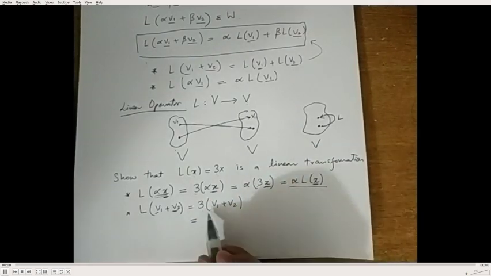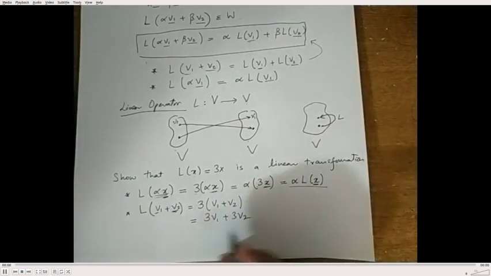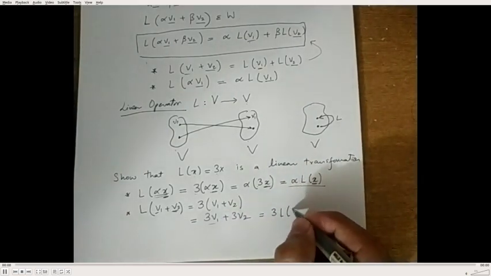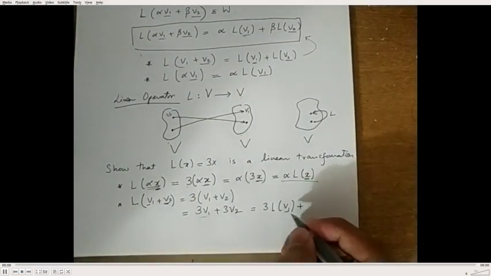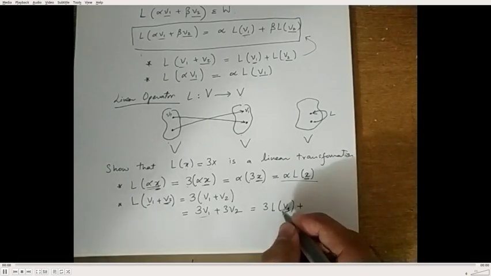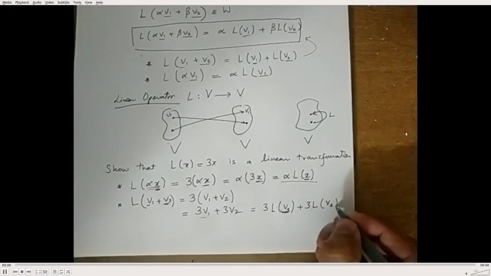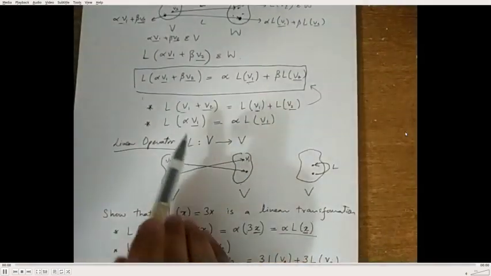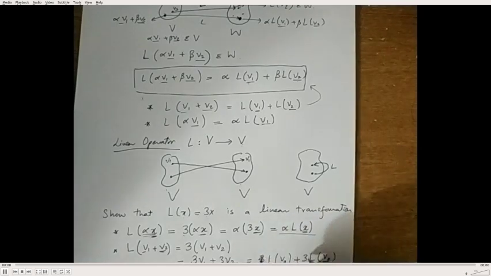Because this is simply algebra, you can distribute 3 on both of them, so that's 3v1 plus 3v2, and then you can write this as 3 times the image of v1 under L plus 3 times the image of v2 under L. Sorry, there won't be any 3's over here.